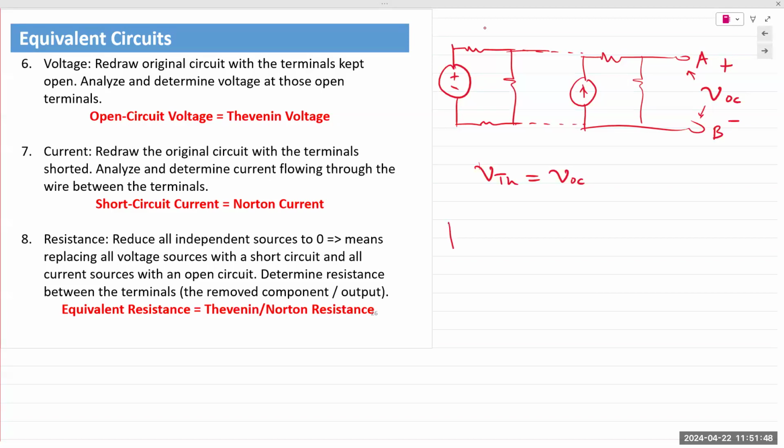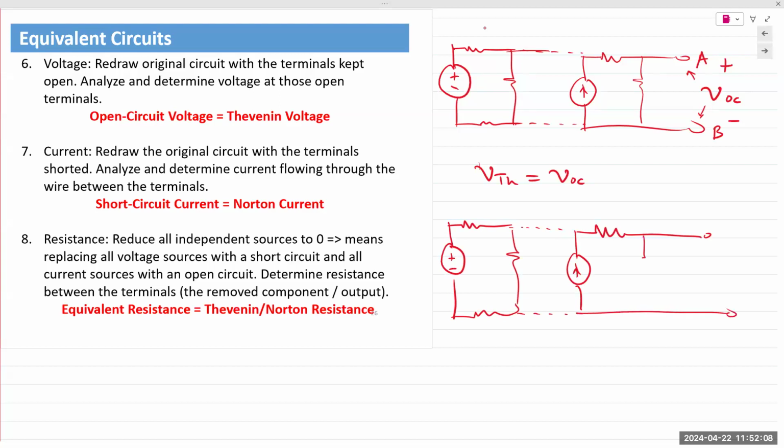Norton current, however, you need to analyze for current. Current needs a pathway to flow through. If the terminals are open, there is no current flowing through those terminals. So we place a wire between those terminals, A and B. Again, if there was a component and we had to remove it, then we removed it.